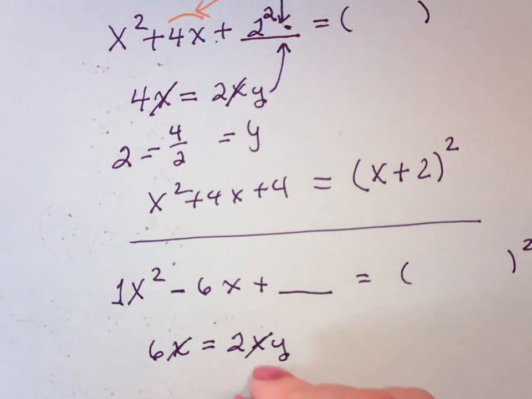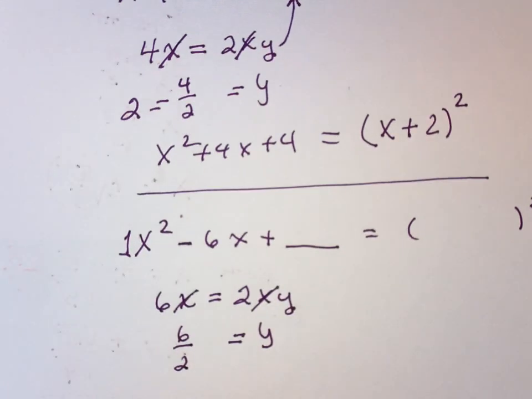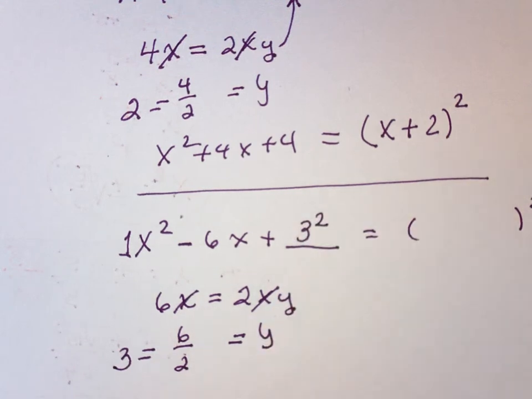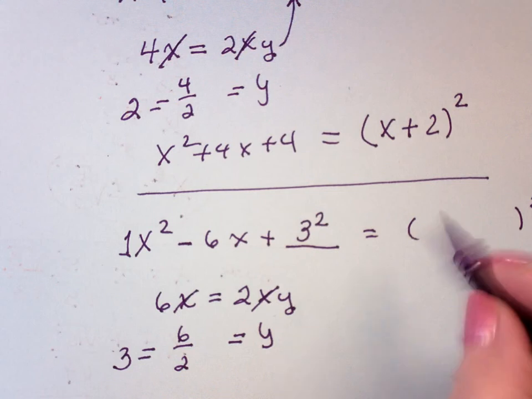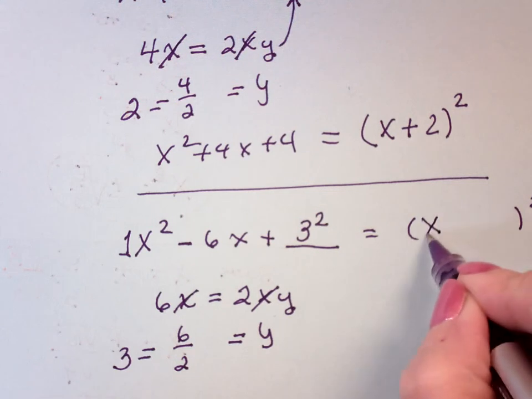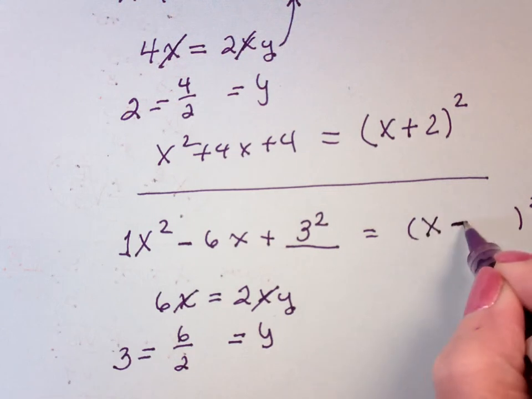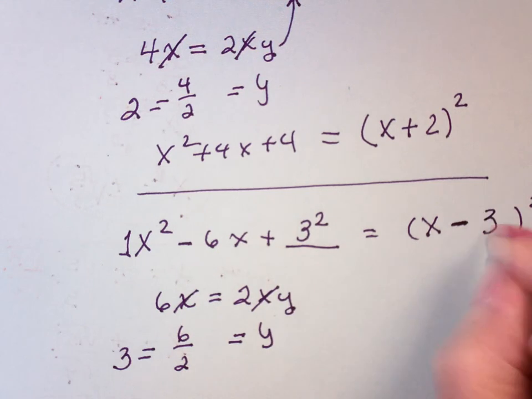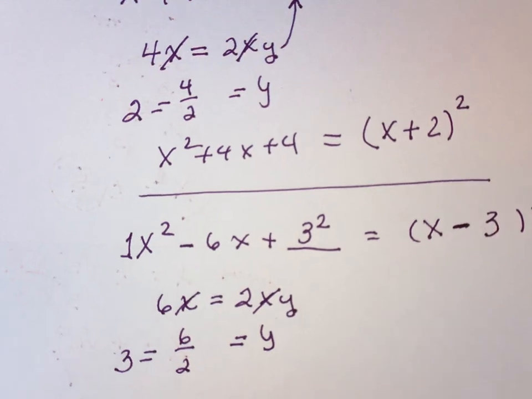That says what I need to add will be the square of 6 over 2, or 3. So what goes here is 3 squared. So the square root of x squared is x, the center sign is minus, the square root of 3 squared is 3, it's x minus 3, the quantity squared.